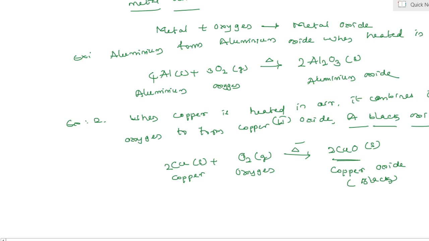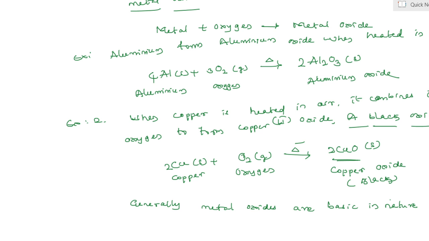Yes, my dear students, generally metal oxides are basic in nature. All of you already learned the acid-base chapter: what is basic nature and what is meant by acidic nature.